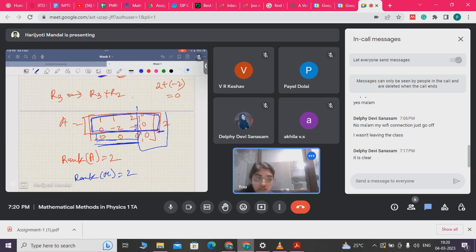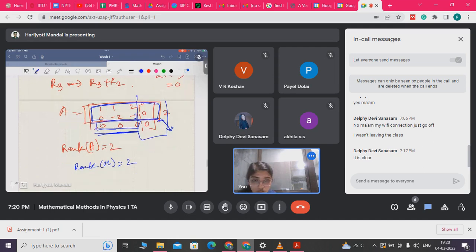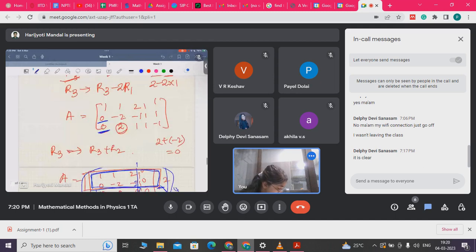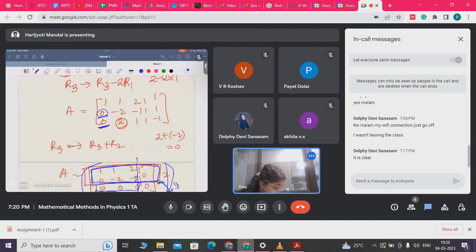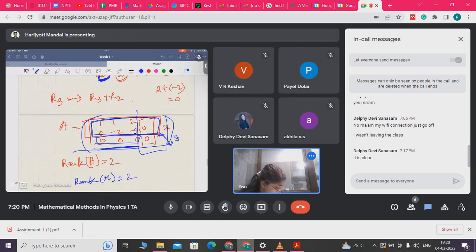Okay, what is the rank of a matrix? The rank is the lowest you can go. The subset of this matrix cannot be reduced. This is the meaning of rank of any matrix. You can get to this point anyhow, but this way is easy.